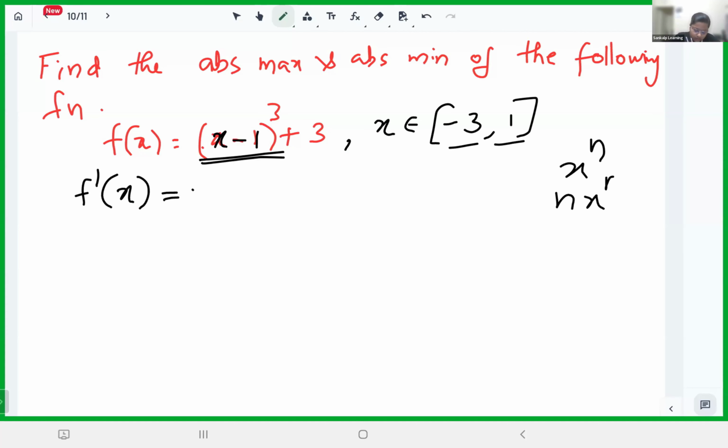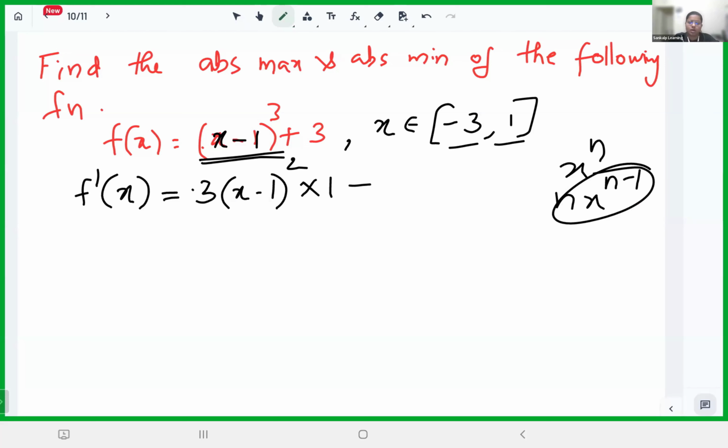So this is 3 into (x minus 1) the whole square, but we have assumed x minus 1 as x, so we have to multiply by the derivative of x minus 1 also. What is the derivative of x minus 1 with respect to x? It is nothing but 1. So this plus 0, and f dash of x is equal to 3 into (x minus 1) the whole square.